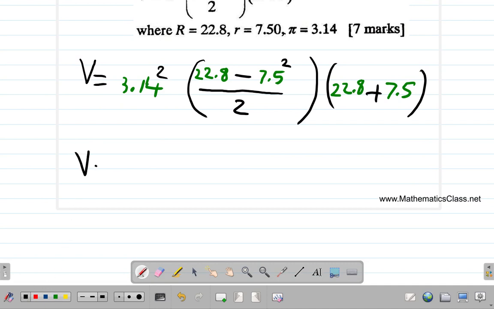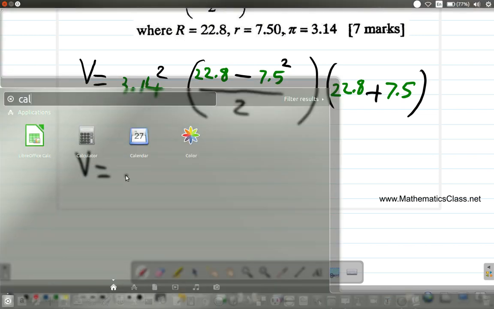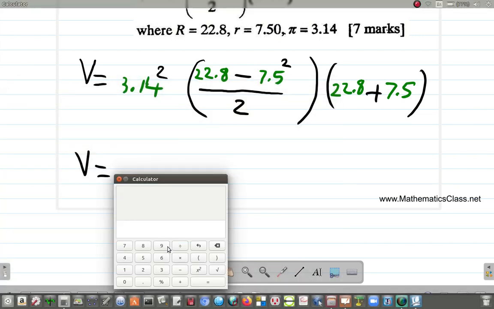V is equal to 3.14 squared. Let's use a calculator and find 3.14 squared, but let's do it this way. 3.14 squared is the same as 3.14 times 3.14, which is 9.8596.